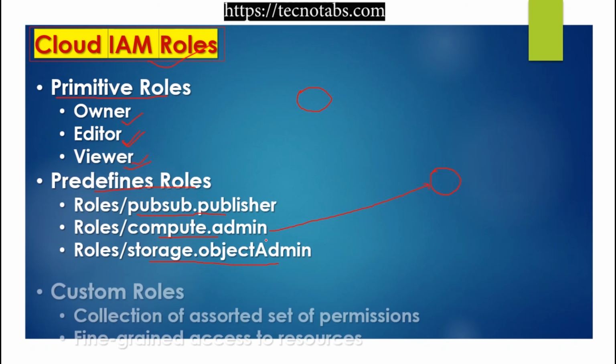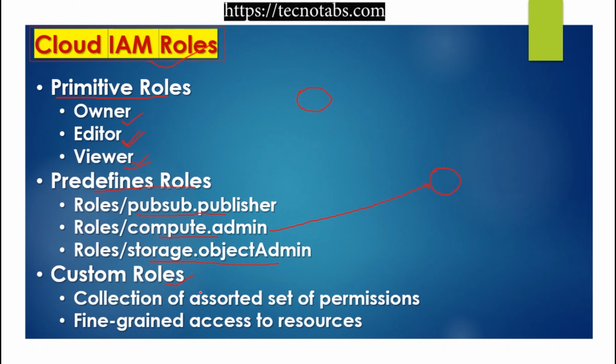And the third type of role is the custom roles. It means that you can have a combination of certain kinds of roles. For example, you want to create a role and you want to have certain kinds of actions to be performed in that role. If you want to have the compute admin and the storage object admin role in this particular role, you can very well go ahead and create this custom role and assign it to a particular user or member, so they can perform certain kinds of operations related to compute as well as storage.